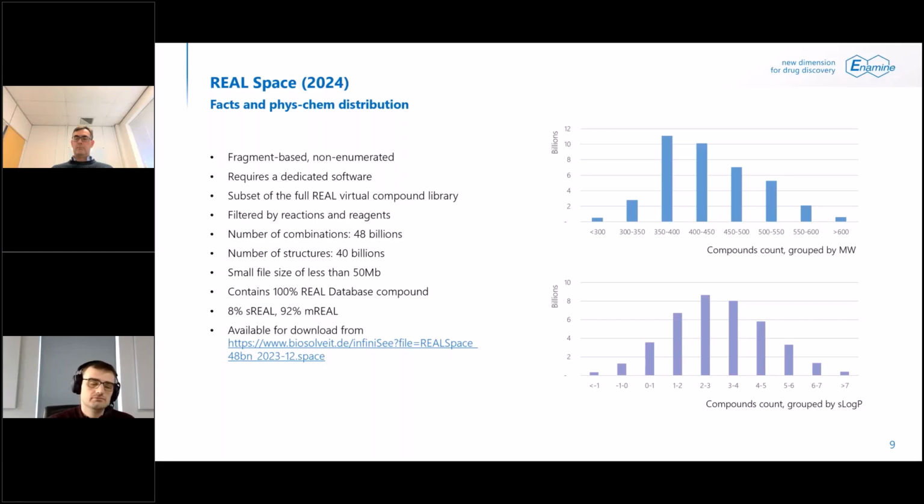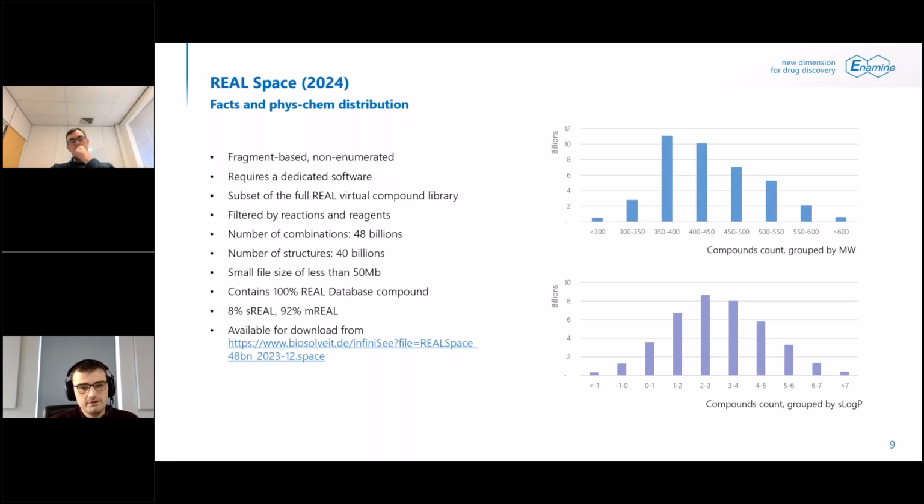We have really big reactions and small reactions, and what we try to achieve is to save those small reactions so that they are available in the real space, and cut off some big reactions to take just a part of them. Because of the fragment nature, the real space is only 50 megabytes in size, so you can actually work with it if you have dedicated software, even on a laptop. But it depends on what you are going to do with it.